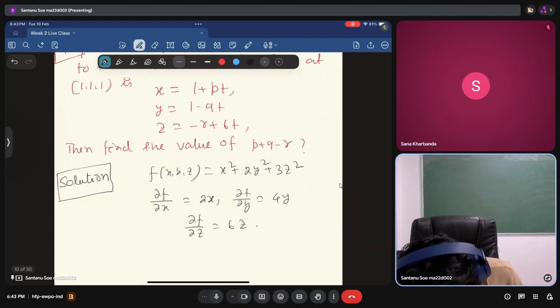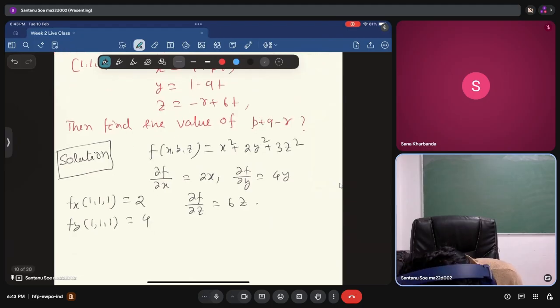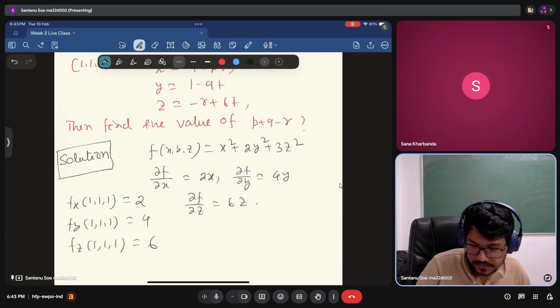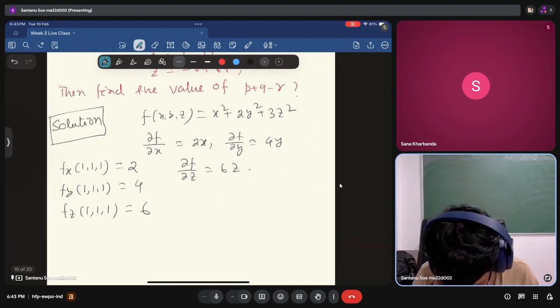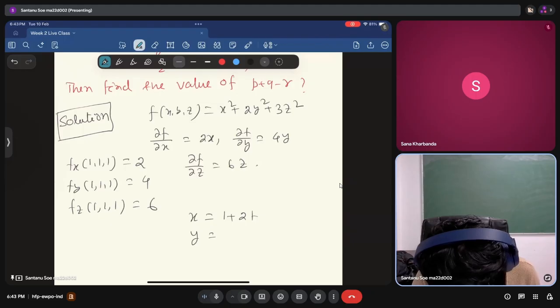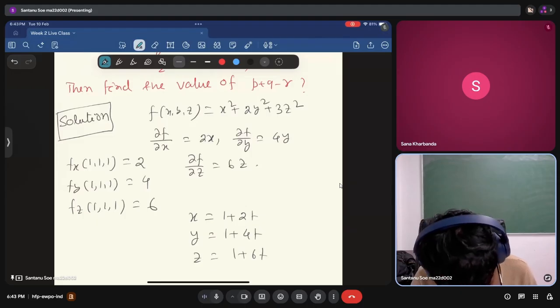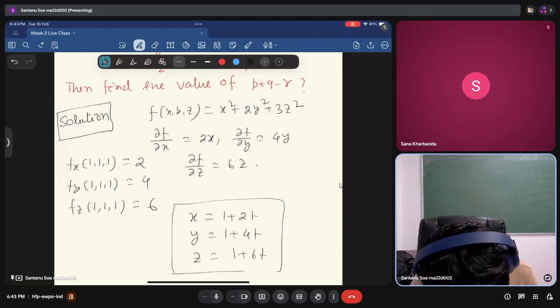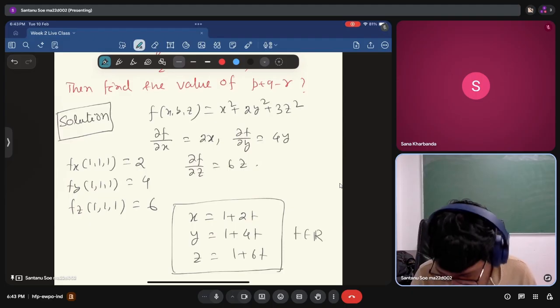Correct? So at (1, 1, 1), del f del x is 2, del f del y is 4, and del f del z is 6. So our equation of the normal line is x = 1 + 2t, y = 1 + 4t, and z = 1 + 6t, where t is in the set of real numbers.